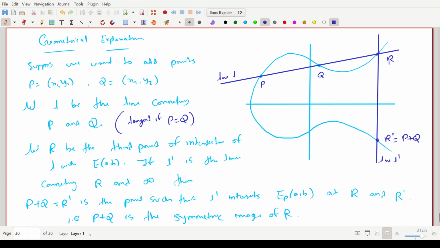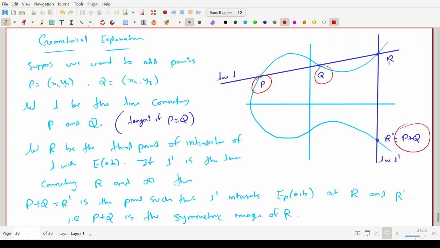Then P plus Q is equal to R dash, the point such that L dash intersects the curve at R and R dash. So this is R. Take the image here and you get R dash. This is the value P plus Q. I wanted to add P and Q, and I got here. This is my P, this is my Q, this is my P plus Q.